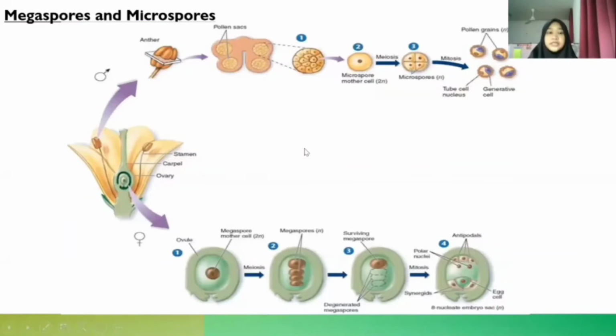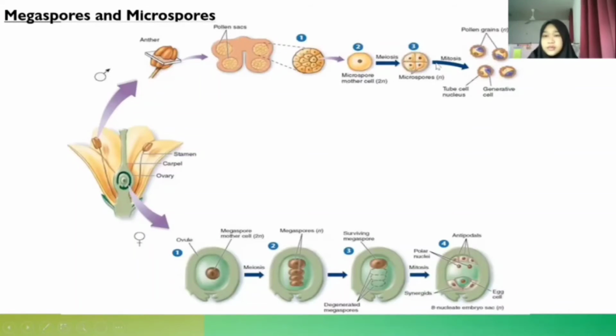Here we will take a look at the development of the megaspores and the microspores. The development of the microspores occurs in the anther, or specifically in the pollen sac. One microspore mother cell in the pollen sac will undergo meiosis to produce 4 haploid microspores.